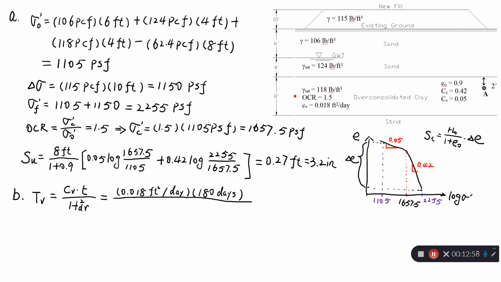For this one, we have sand on the top as well as on the bottom, which means it's two-way drainage, right? So the water is going to drain from the middle, up and down. So H sub DR would be half of the length, so my H sub DR is going to be 4 feet.